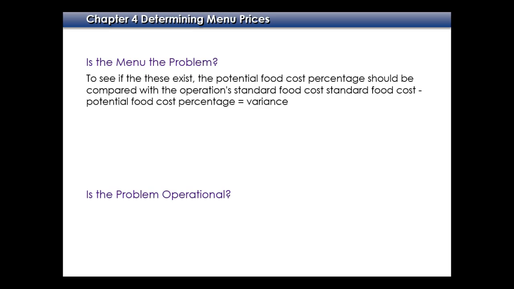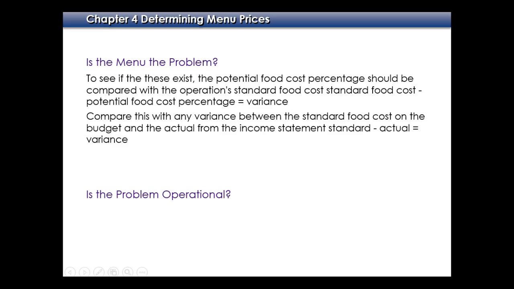So to see if these exist, the potential food cost percentage should be compared with the operation's standard food cost. Guess I should have put some commas in this. I am sorry. Okay, compared with the operation standard food cost. Then the standard food cost minus the potential food cost will give you that variance.